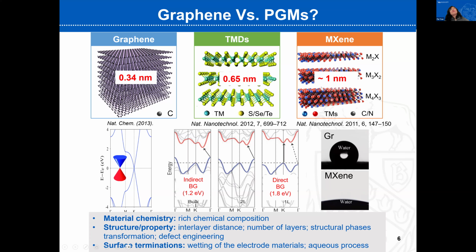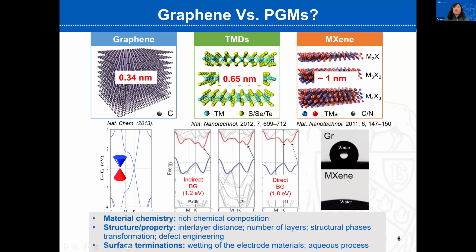In addition to that, in terms of the surface determination, let's take MXene as an example. They have an enriched surface functional group, such as fluorine, OH, and so on. Those surface functional groups make them highly hydrophilic, as evidenced by this simple picture. As you can see, the water droplet stays intact on the graphene-coated substrate, but on the MXene-coated substrate, we can see the water droplet spread out, right?